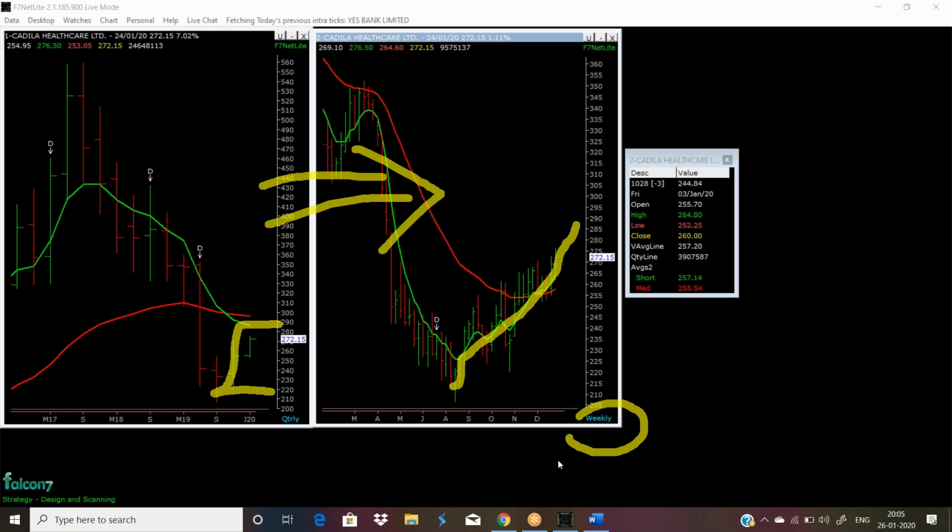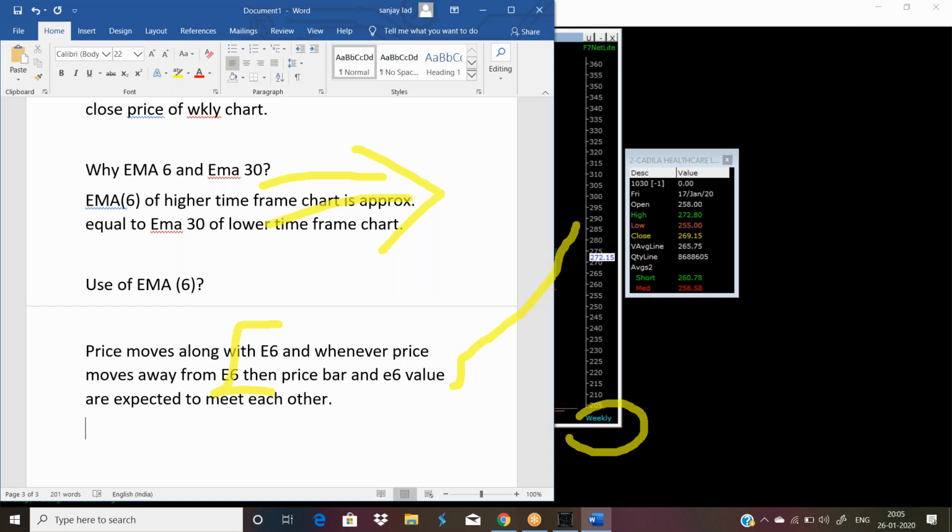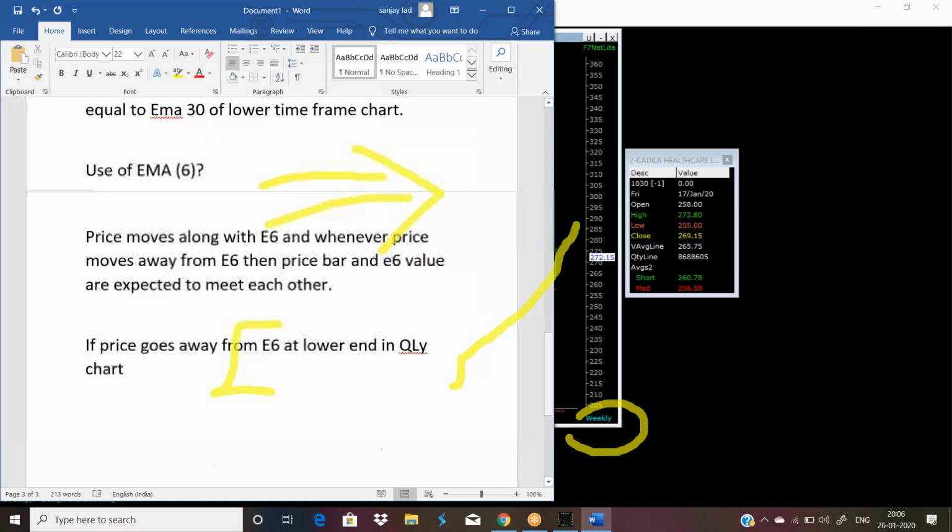If the price goes away from E6 at the lower end in the quarterly chart, then we can expect two things.